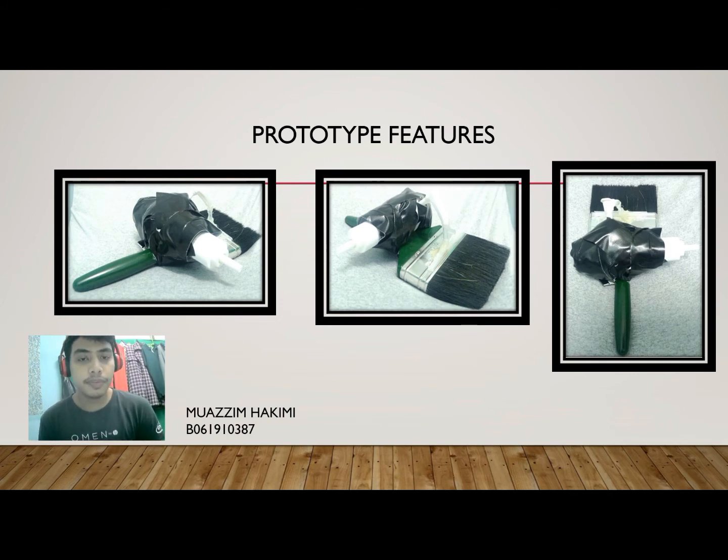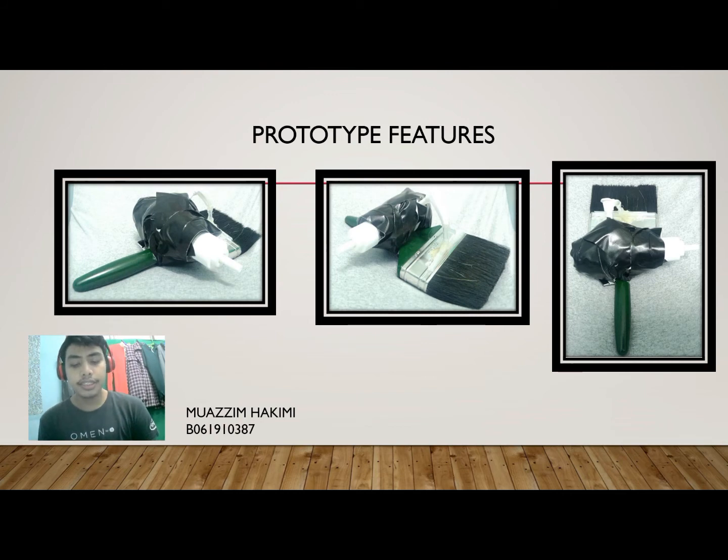For the prototype features, these three pictures are our prototype that refers to a paintbrush. The description of the prototype is that it does not need to be dipped into the paint and is capable of controlling the thickness of the paint on the brush. This prototype is also easy to refill with paint into the paint storage section. The paint storage section is the black one on top of the brush.